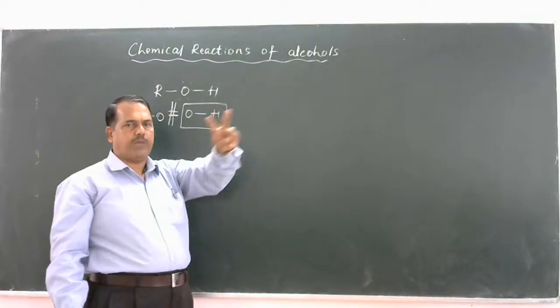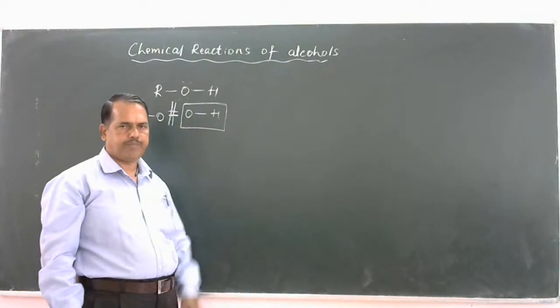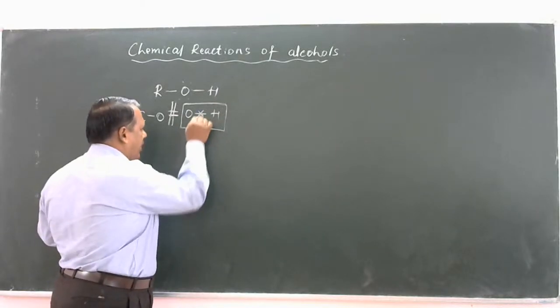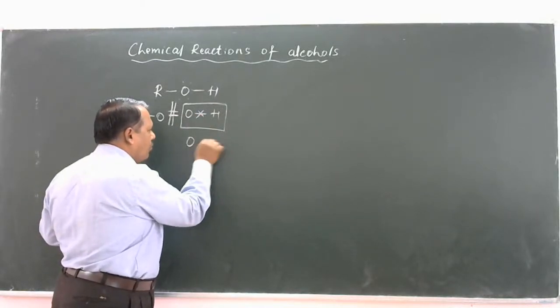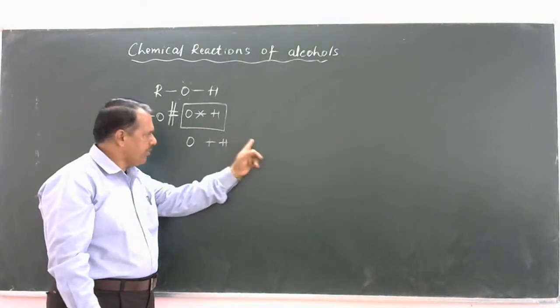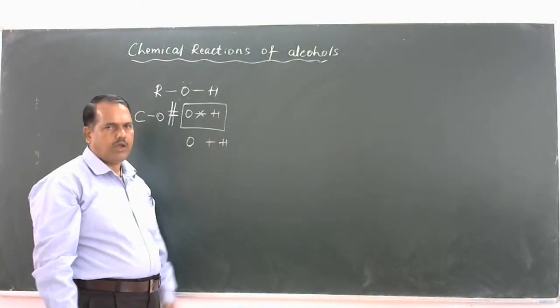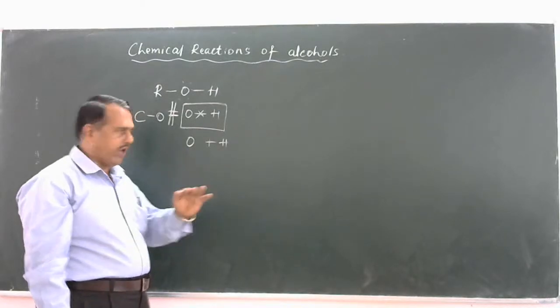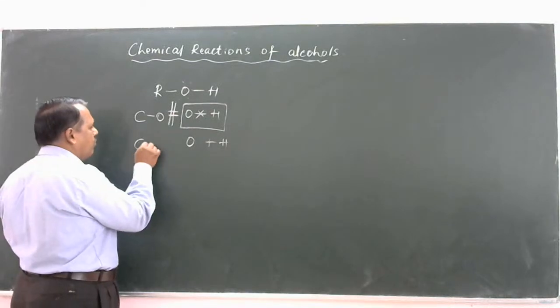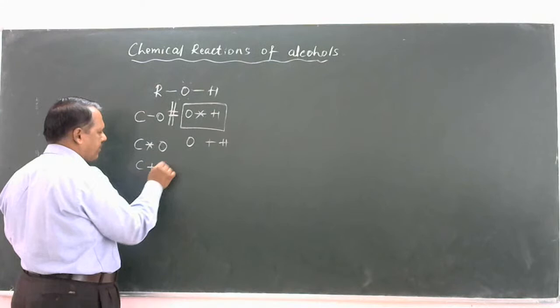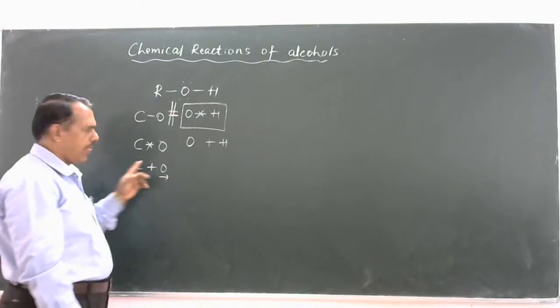Alcohols undergo two types of chemical reactions. One is the breaking of the O-H bond, where hydrogen will be separated. And it also undergoes another type of reaction where the C-O bond breaks and cleaves off.